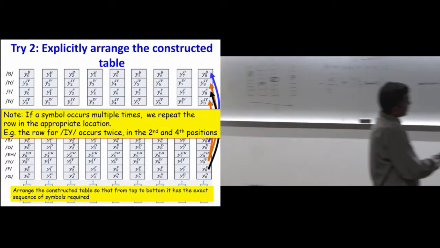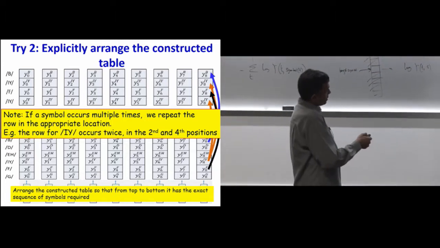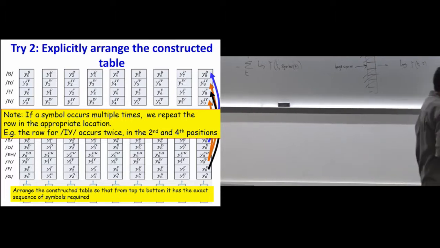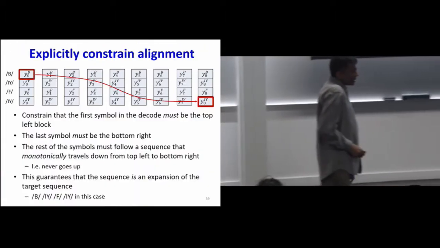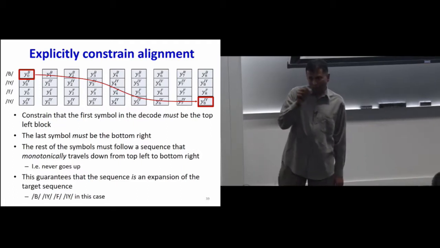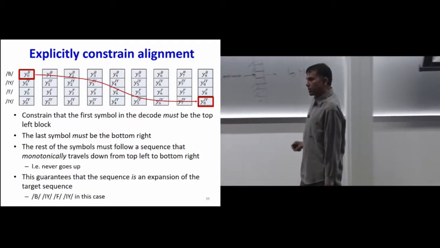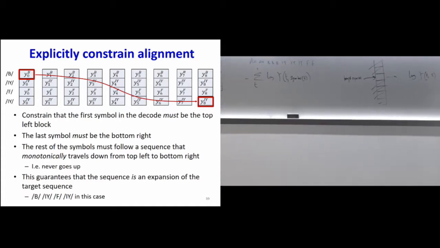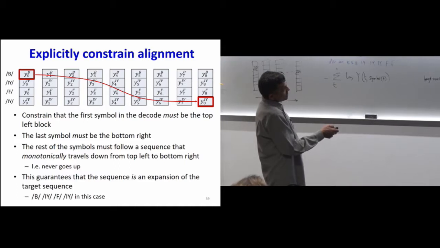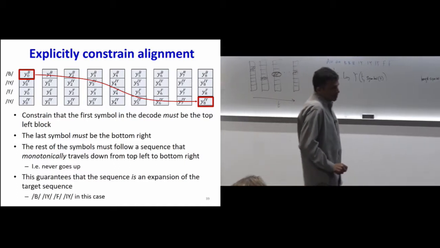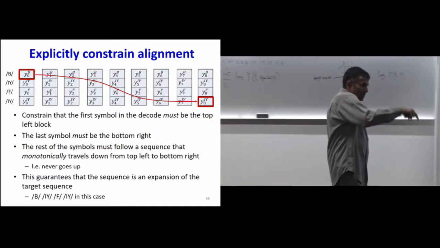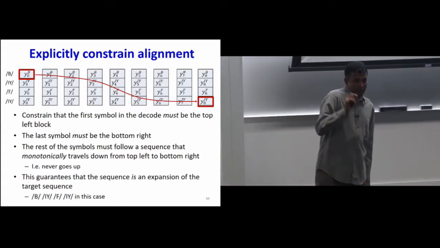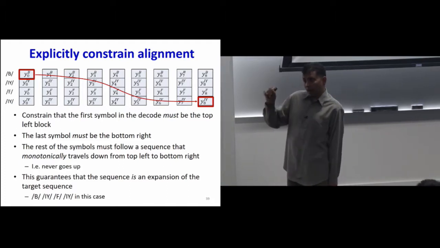The first row is B, the second is E, the third is F, the fourth is E. And if I think of some mechanism for finding a sequence of symbols through this table, where I impose the constraint that the sequence must begin at the top left and finish at the bottom right, and must sequentially progress through this graph, top left to bottom right, I'm guaranteed a sequence that will collapse to beefy.